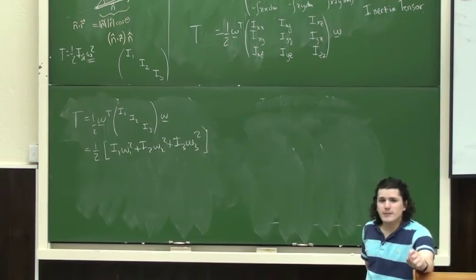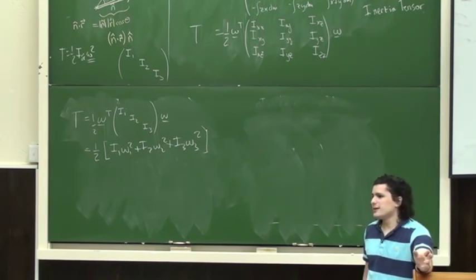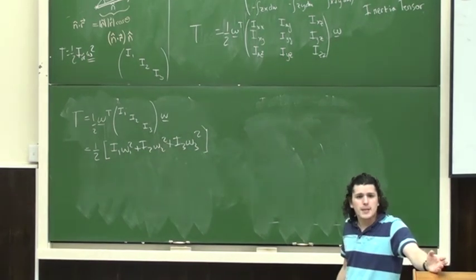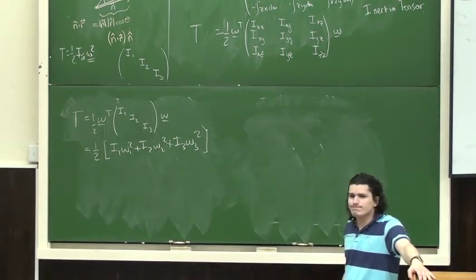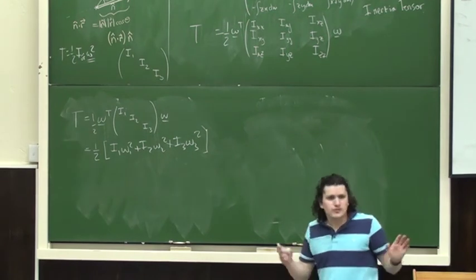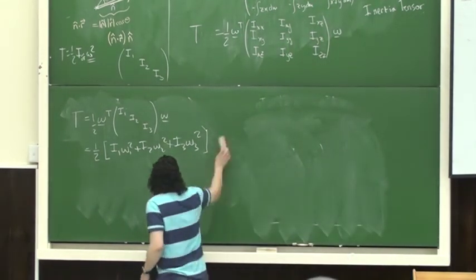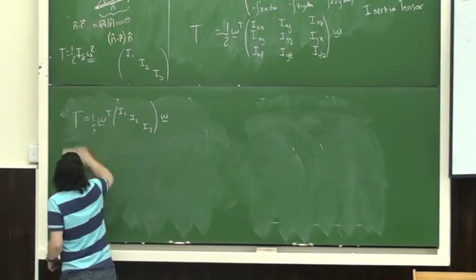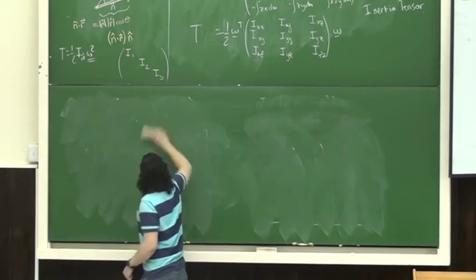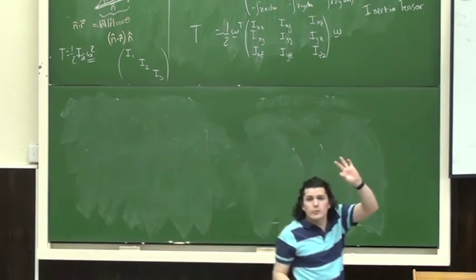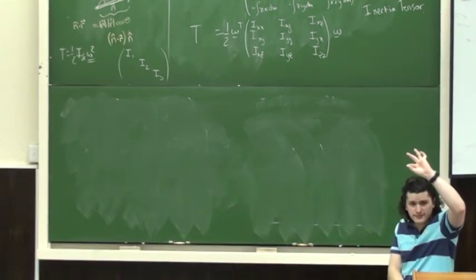We have 10 more minutes. What I'm going to do in those 10 minutes is compute this thing here for a cube. When I say I'm going to compute this for a cube, I mean a cube rotating around one of its vertices.